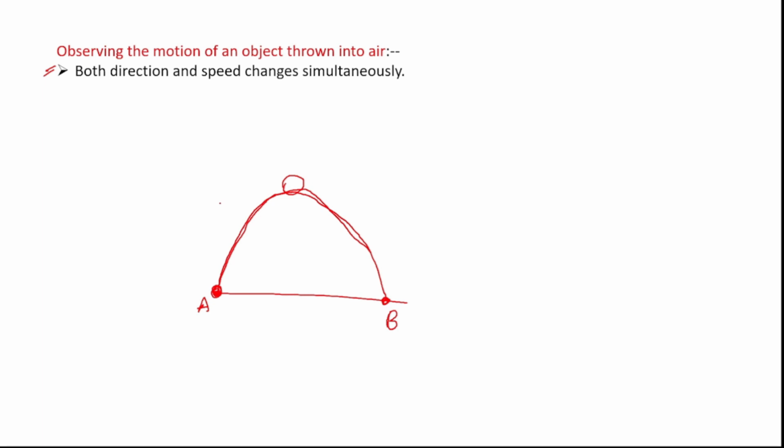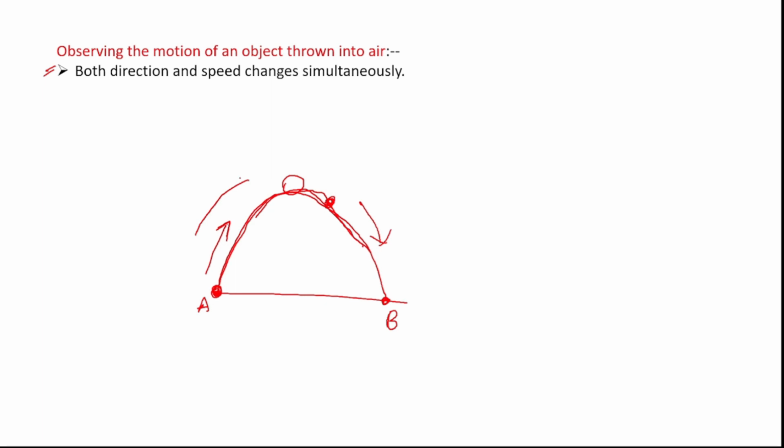So actually what is happening here? When the stone is flying in this direction, that is the upward slope, it will have less speed, right? When it reaches this point and travels on the downward slope, it will have high speed. And another point here is that the direction of motion of the stone is changing, right?